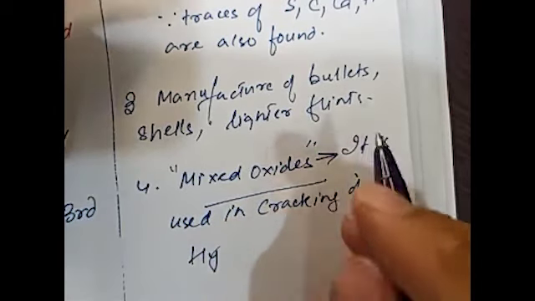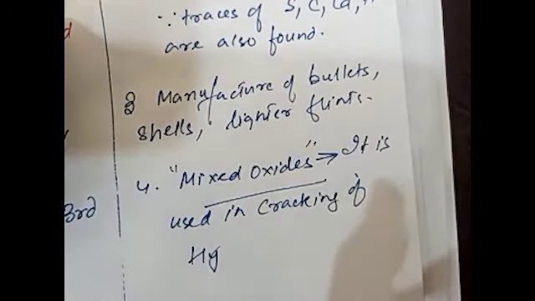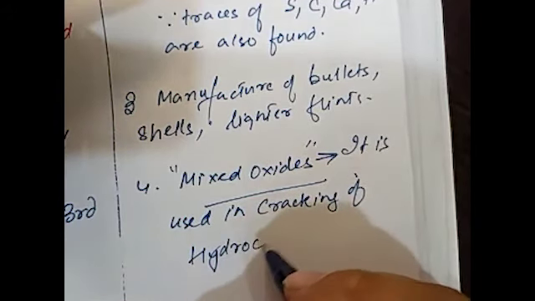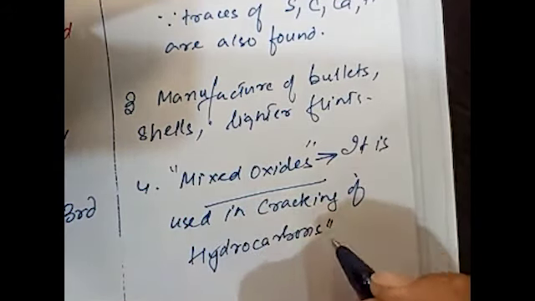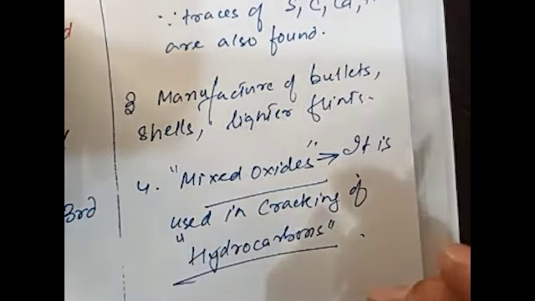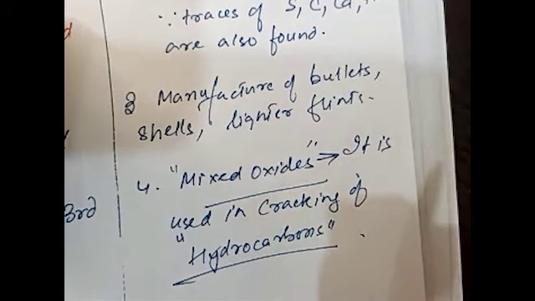Cracking, as you already know, means you break the longer chains to create shorter chains of alkanes. Normally in our petroleum industry cracking happens. Cracking means breaking large hydrocarbon chains to make small chains. Okay, so that's all. With this we have completed your DNA block.